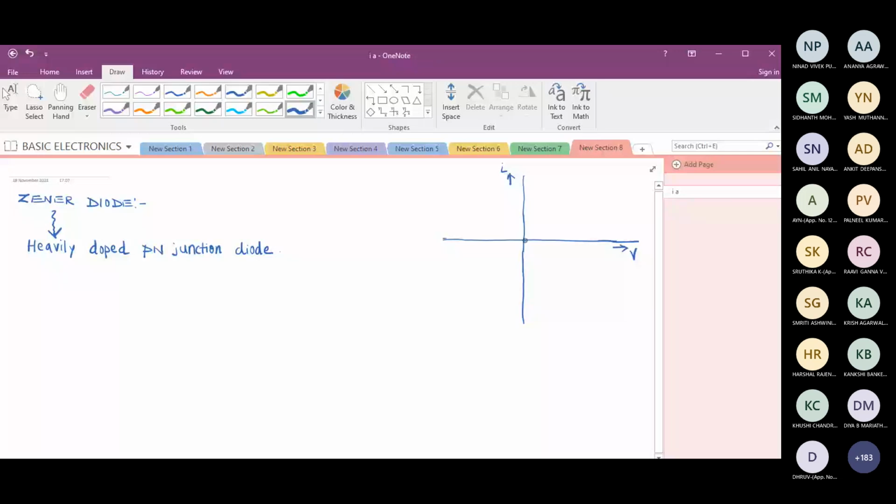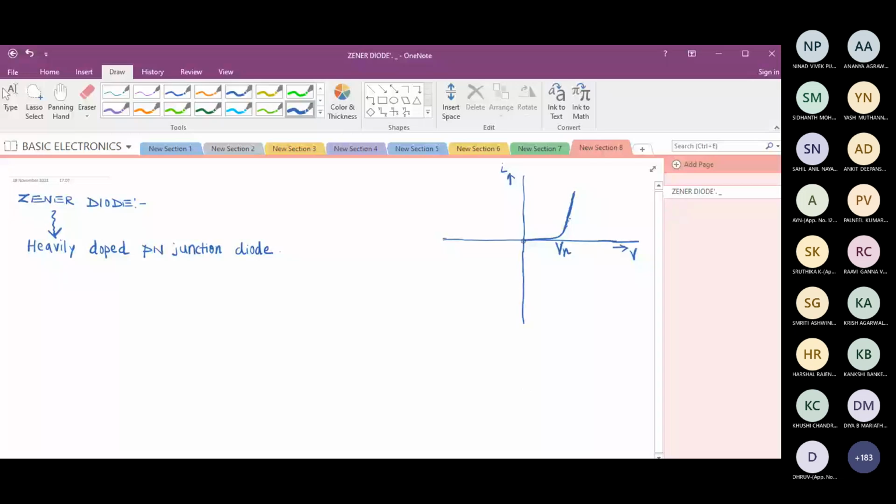How much is the cut-in voltage of the diode? If it is silicon, 0.7. If it is germanium, 0.3. So understand, if we dope the diode heavily, you're not going to see much of a change under forward bias condition. Practically, I'm telling. The changes we are going to get are under reverse bias condition.